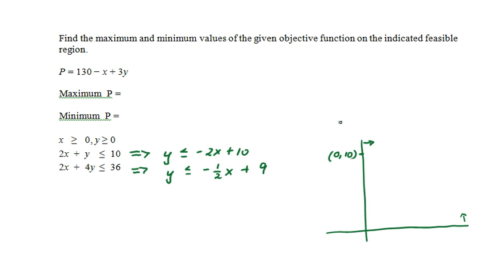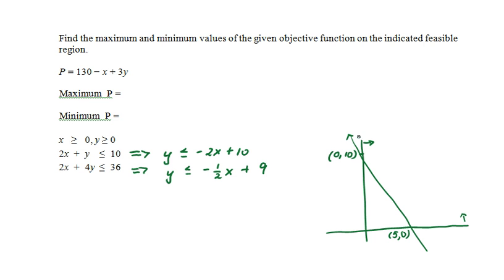I'm sorry, slope negative 2. And so it would look like that, where this would be (0, 10) and (5, 0). That will be the x-intercept. Right here, (5, 0).